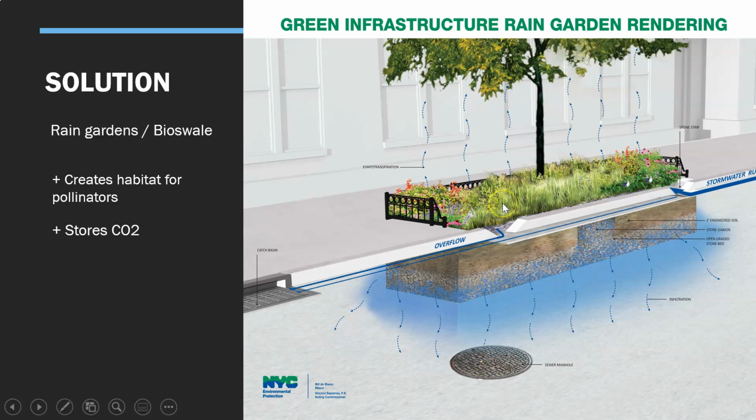You can see these look like they're supposed to be nice places to visit, so if you're in the urban area, you may want to see some plants. They actually have a purpose. Above ground, we have these plants that are performing evapotranspiration, putting that moisture back into the atmosphere, which is good for our microclimate. But underground, you can see that they are allowing that water to infiltrate back into the groundwater.